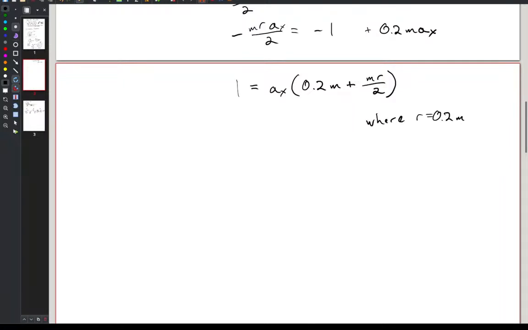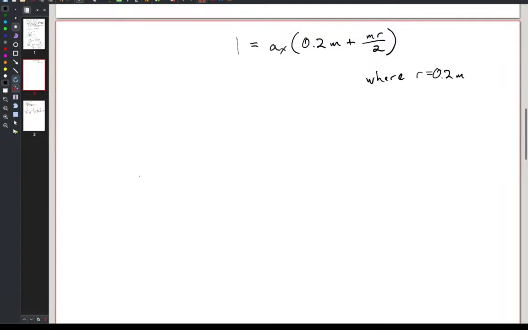I saw some people thinking about 4-bar linkage. What happens if L1 and L2 are the same, or sorry, L1 and L3 are the same?